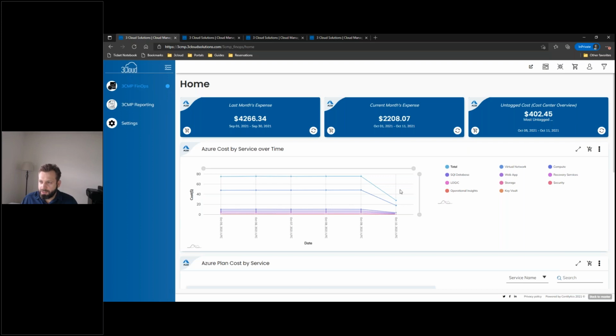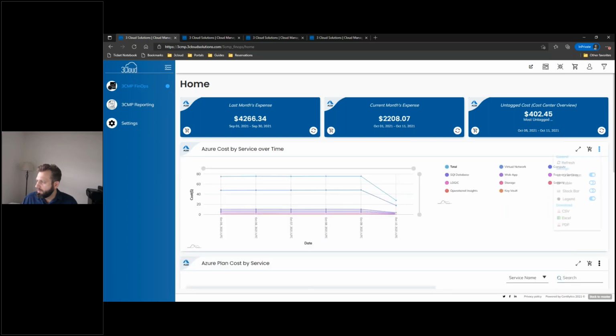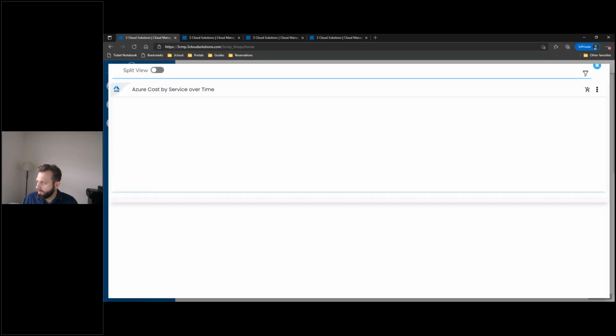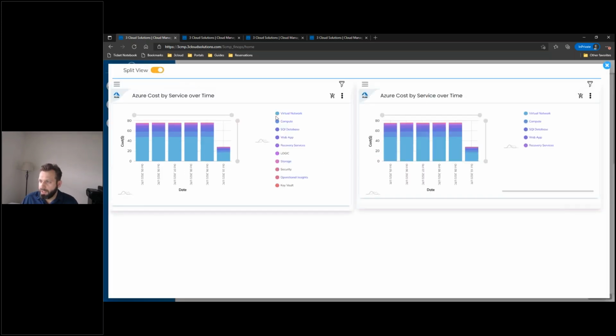But right here, Azure cost by service over time. If you want to say, all right, I want to see this in maybe a stack bar, okay, you can look at that. It's over daily cost. All right, I want to deep dive this, and I want to do a split view. I want to look at the compute.